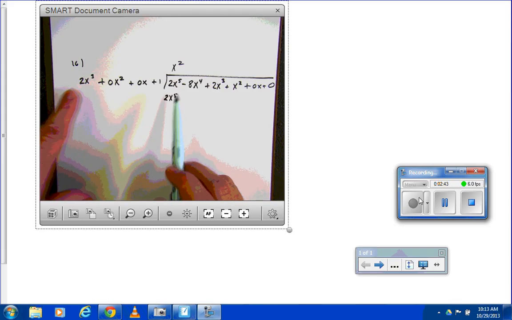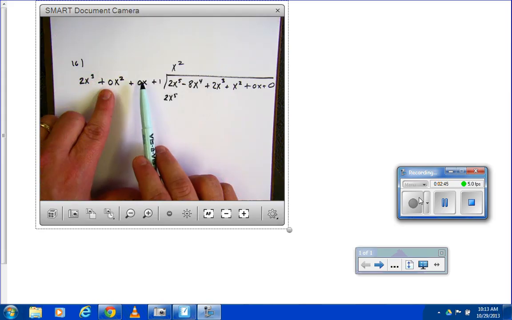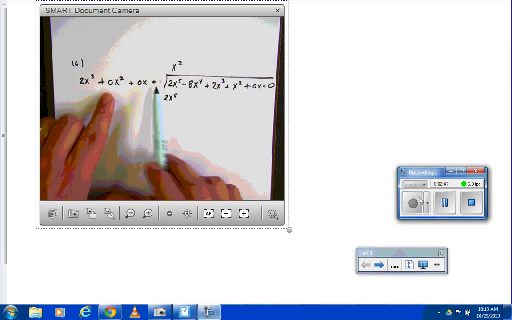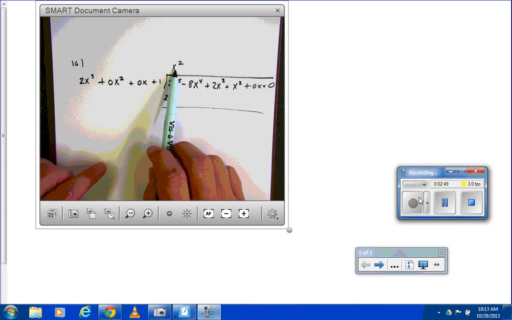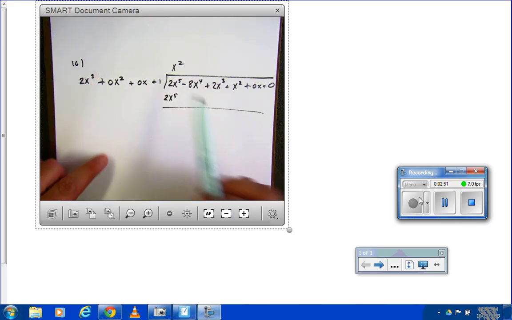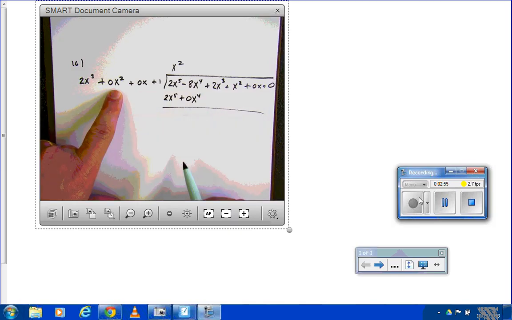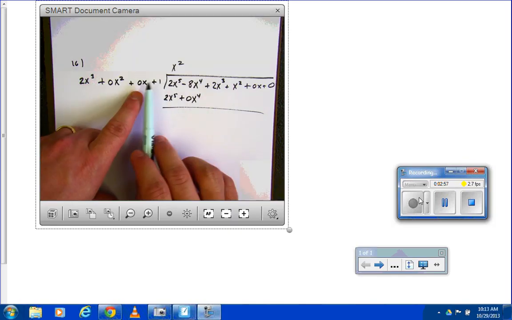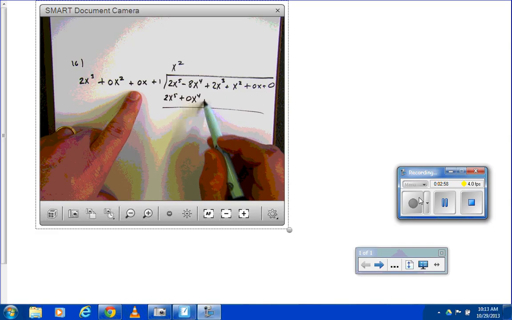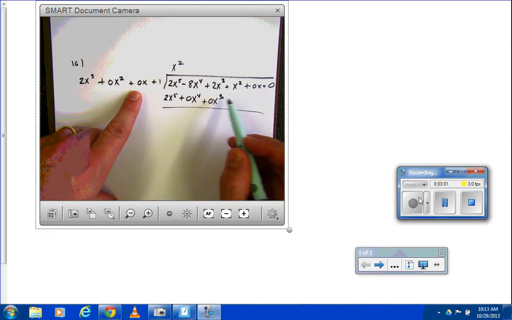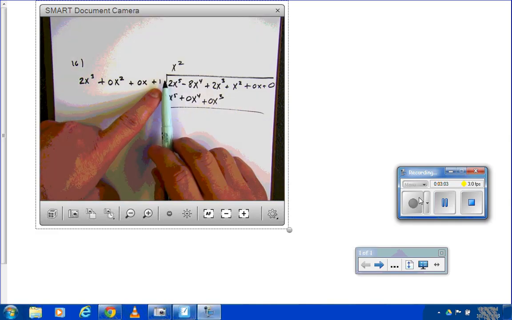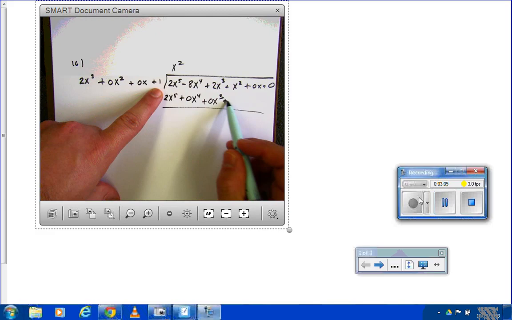But now I have to multiply x squared by all of those too. So x squared times 0x squared would be 0x to the 4th. x squared times 0x would be 0x cubed. And then x squared times 1 is just x squared.